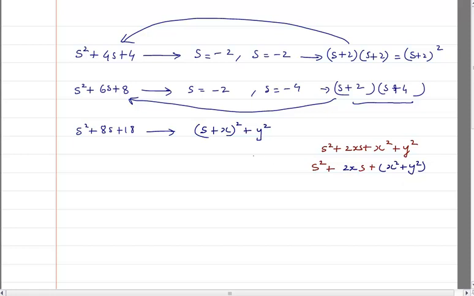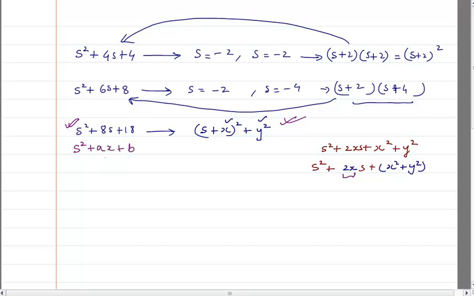If I want to write it in this form, I should know the value of x and y. What I am trying to teach you here is how to find the value of x and y, that means how to write this into this form so that you are able to write its Laplace inverse. For doing that, let me write a form for this one, which is s square plus as plus b.